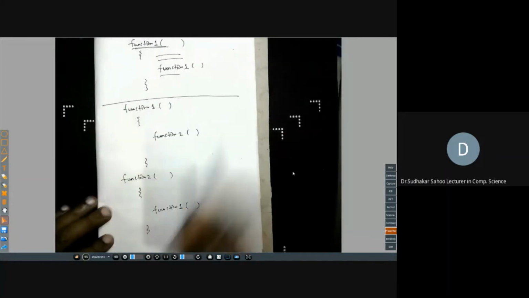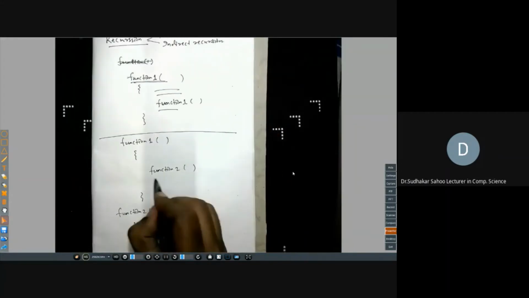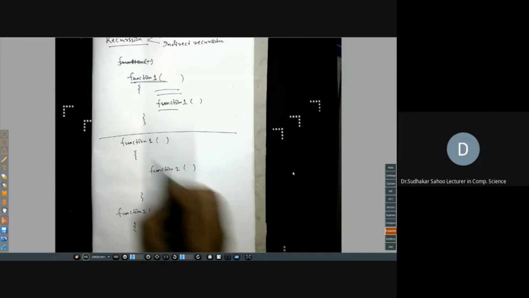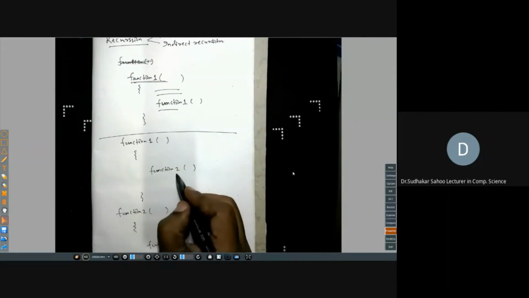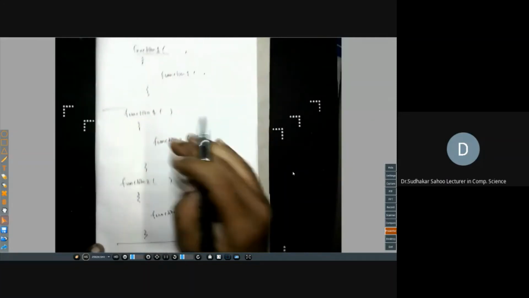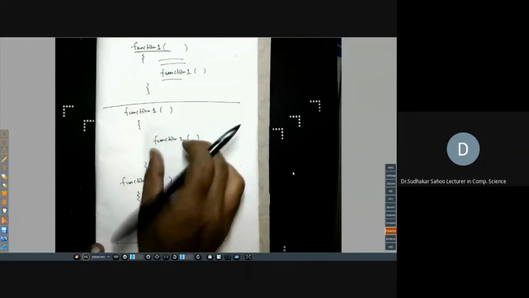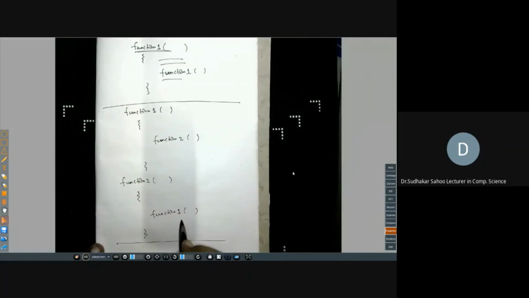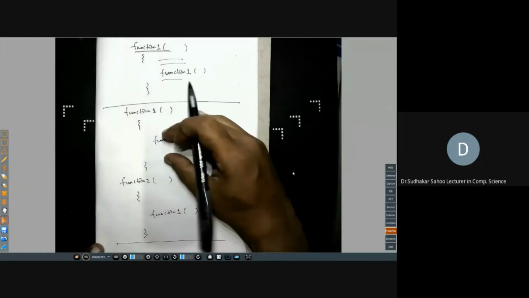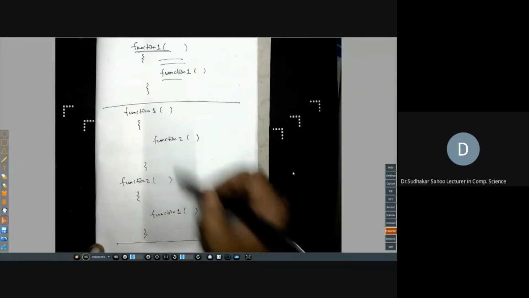So in this variation, you are calling another function name. Initially you may think that recursion is not there, but when you analyze the body of function 2, you again find function 1. That means function 1 calls function 1. So this is called indirect recursion.